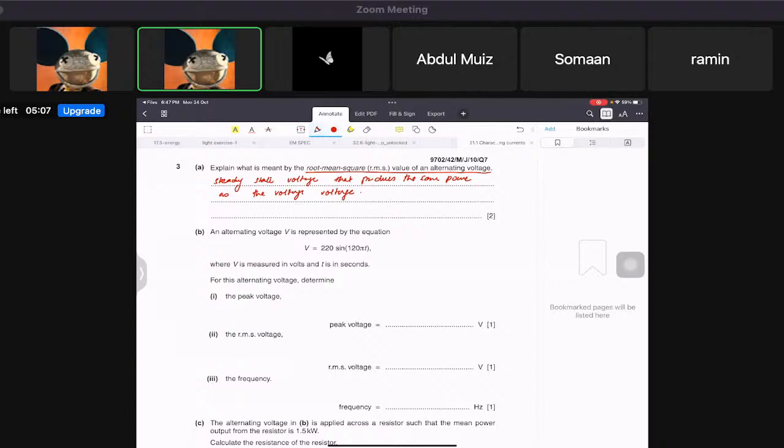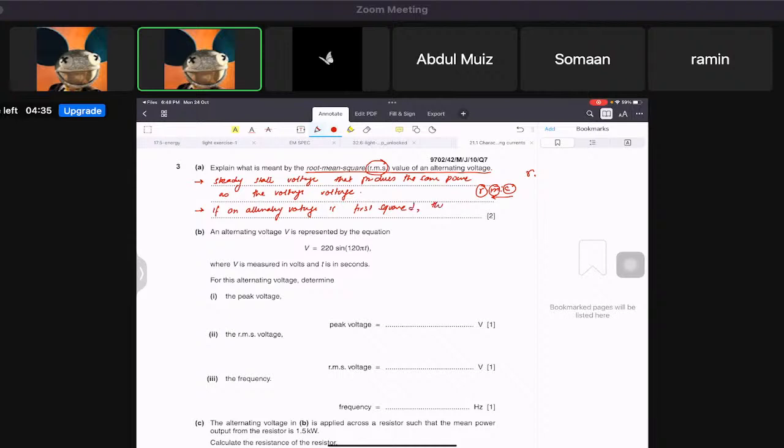Now in case you forget about this, because this is a difficult definition, you can just tell what RMS really is. I told you before as well that RMS basically means you have to go backwards. You have to square something, then you have to take the mean, and then you have to take the root, right? So if I were you, I would write that if an alternating voltage is first squared, right? So basically I'm explaining what it means.